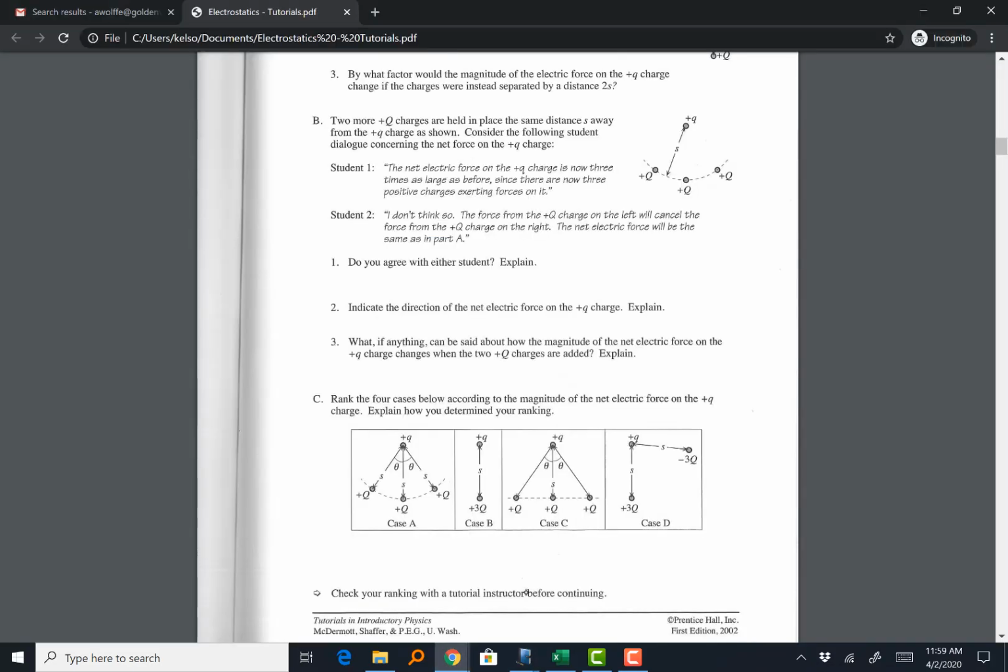Again, the big Q's on the left and right are farther away in case C, and that's going to decrease the force that they can exert on it. And then last, I'm going to look at situations B and D. This is probably the trickiest comparison.